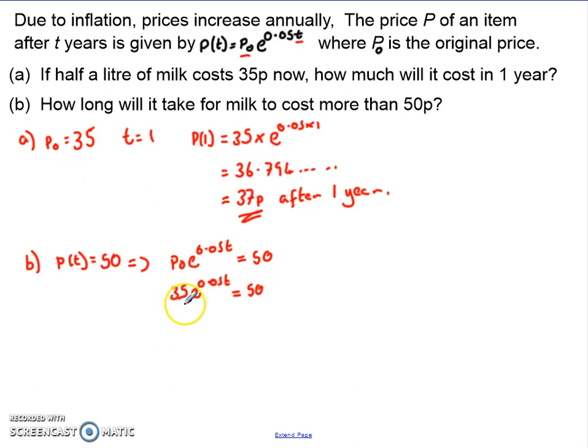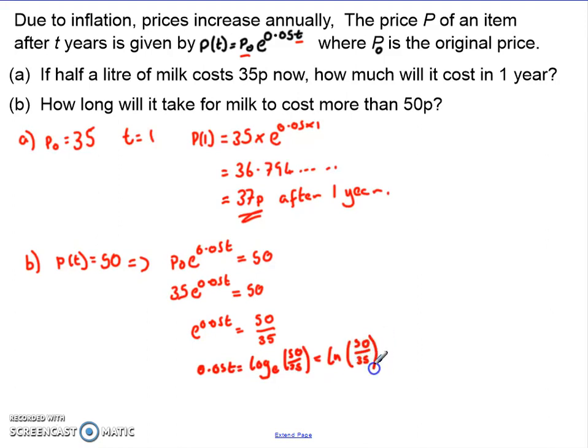Now it's just a bit of algebra to solve this type of question. Shift the 35 over, and we get e to the 0.05t equals 50 divided by 35. Now remember what we said in the theory video: to get rid of the e and leave just the 0.05t, we take log to the base e of the 50 over 35, which remember is the equivalent of ln on your calculators, so natural logarithm of 50 over 35.